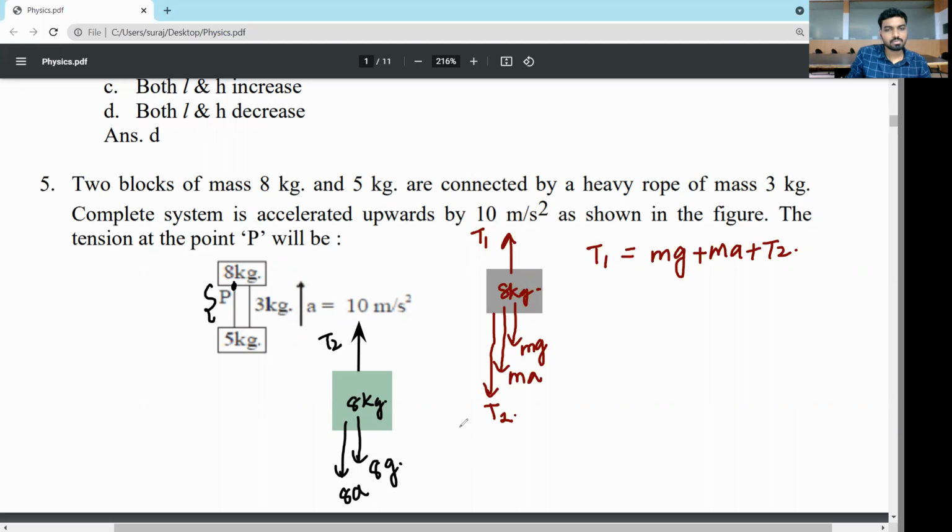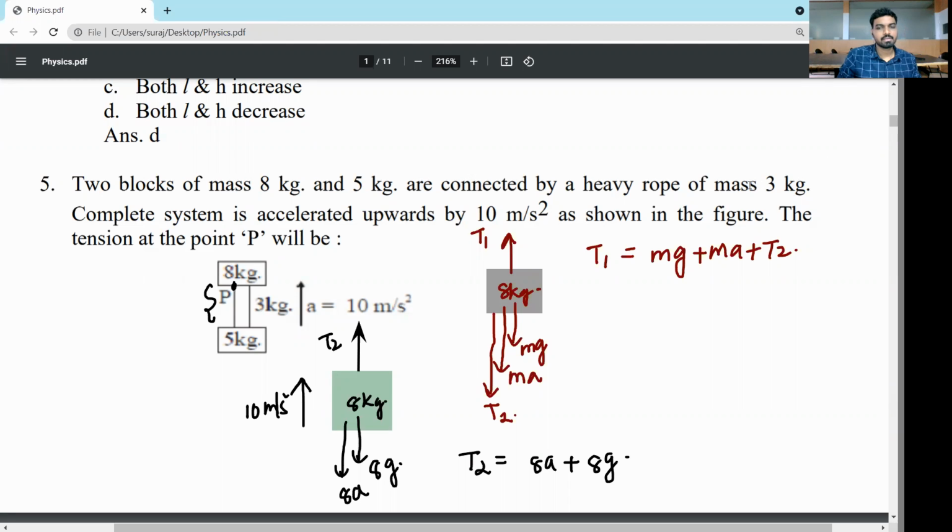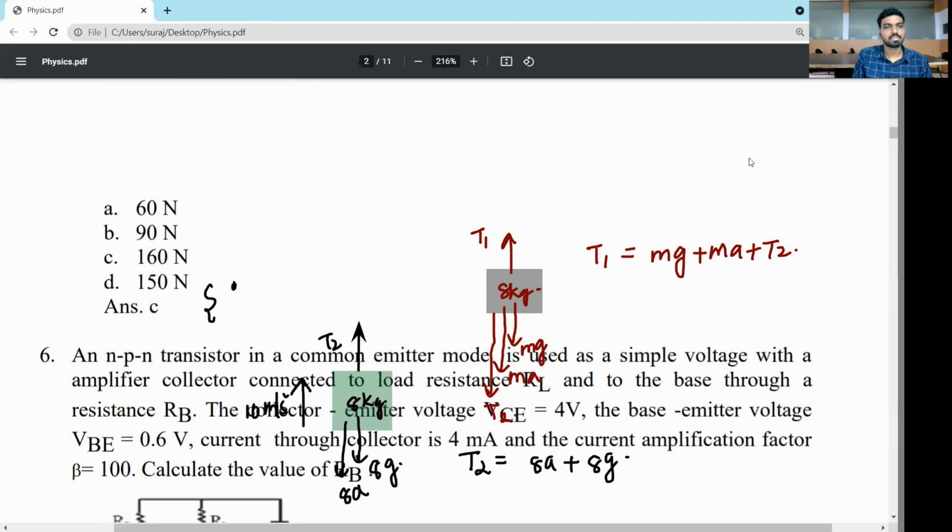This whole thing is going upwards with 10 meter per second square, so I'm using pseudo force, which means I'm solving the question with respect to a non-inertial frame. T2 equals 8a plus 8g. Now a is given as 10, g is also 10. That means 160 Newton.